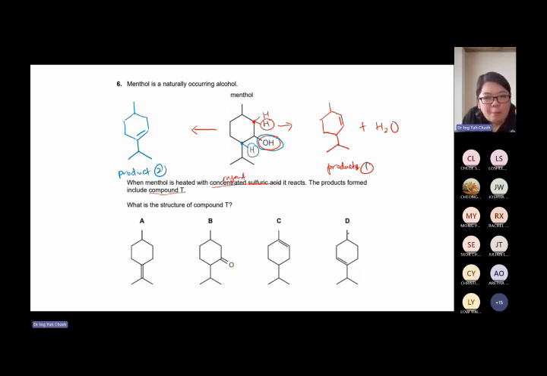Then it will become compound D. As long as you rotate to a certain angle and they become identical, they are actually the same molecule. So for question number 6, the answer is D.